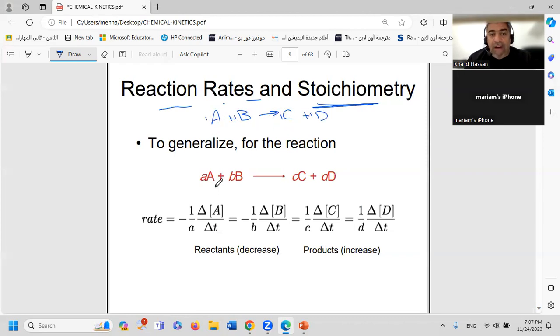So what if you have aA plus bB gives cC plus dD? The small letters a, b, c, d are the numbers of moles in the balanced equation. So when you are measuring the rate, you have to divide by the number of moles for each one.